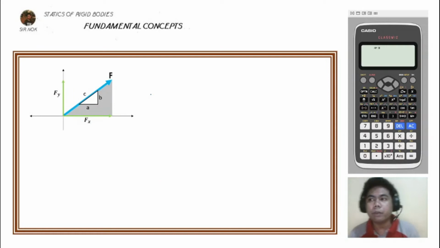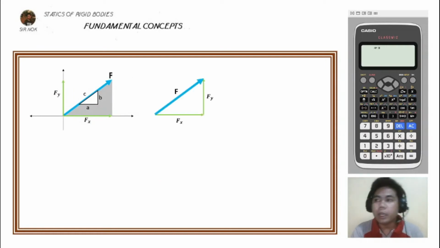So the triangle formed by the components of force F and the small slopes triangle are similar triangles.